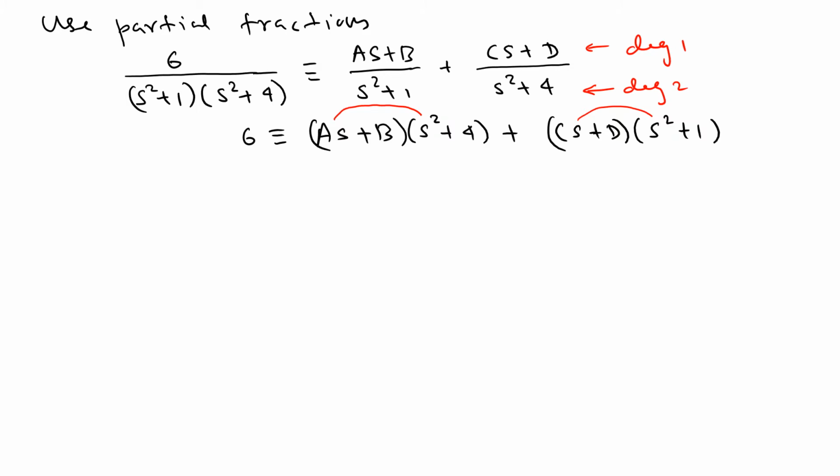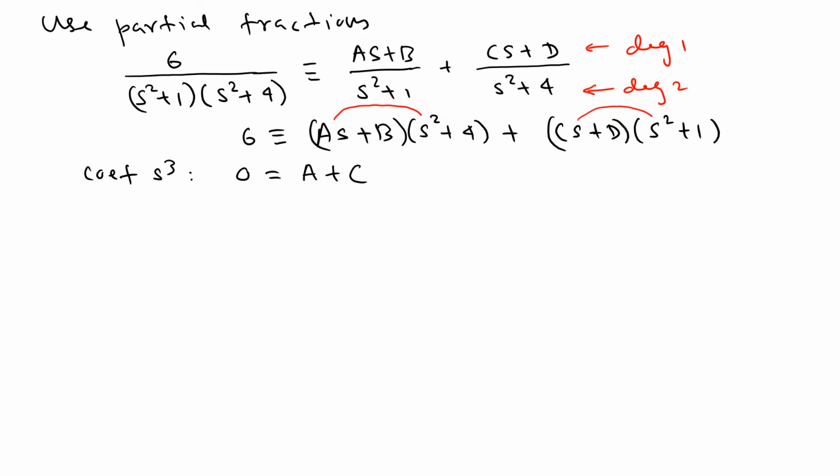But when you do coefficients, we always go with the largest possible coefficient in the whole equation. In this case you can see that the largest possible term would be s cubed, so we're going to go with that. So this is the coefficient of the largest term, that means s cubed. There is no such term on the left. Here you're going to get a s cubed, so the coefficient is only a, and then you also get c s cubed, so the coefficient is only c, just the coefficient.